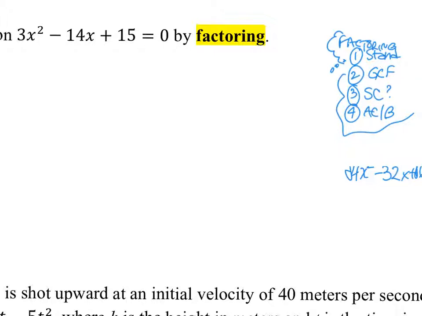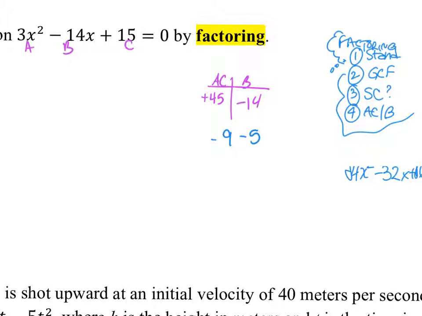I'm going to complete the ACB method, so I need to first factor what multiplies, A is 3, C is 15, what multiplies to positive 45 and adds to negative 14. 5 and 9, good. They multiply to a positive, so that means they both are the same sign, and add to a negative.